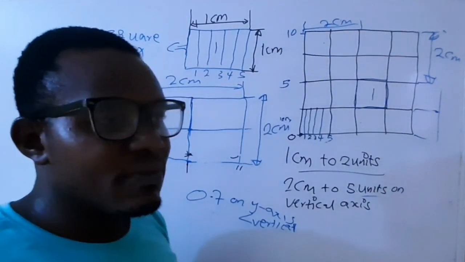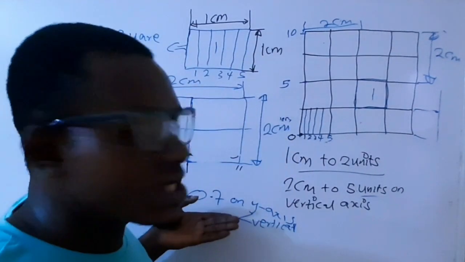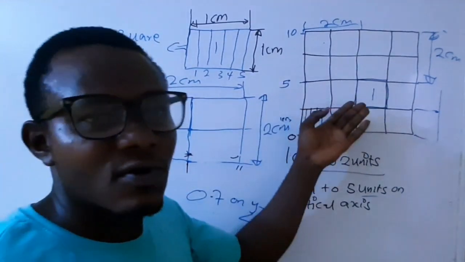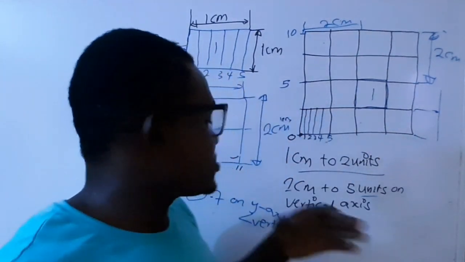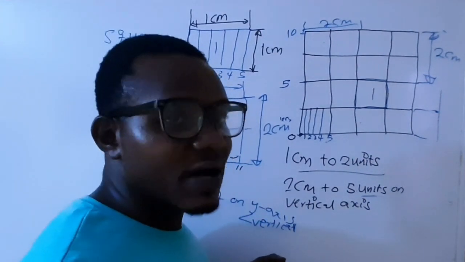Now, maybe on your table of values, you have to locate 0.7 on the graph, which you probably have among the values on the table.